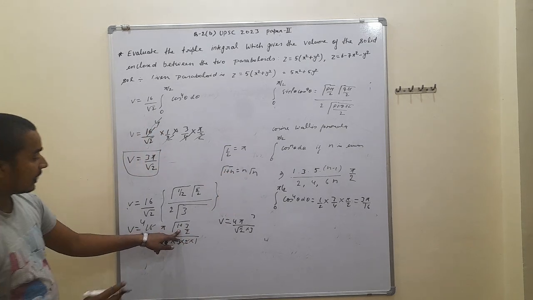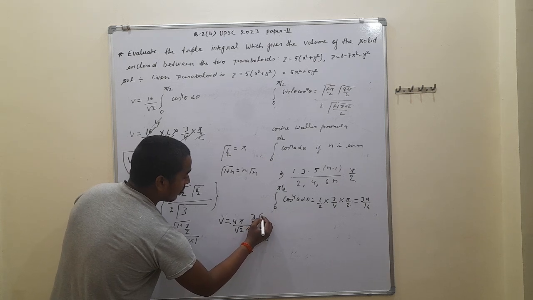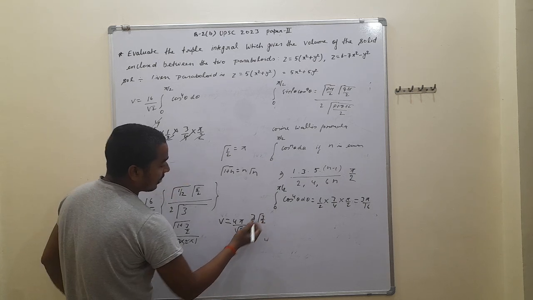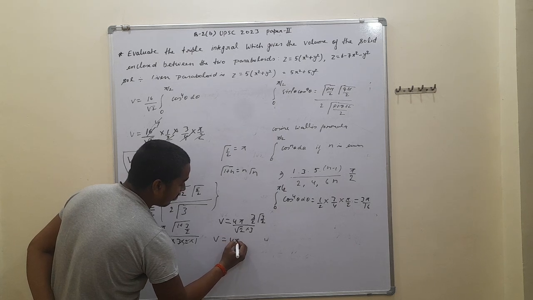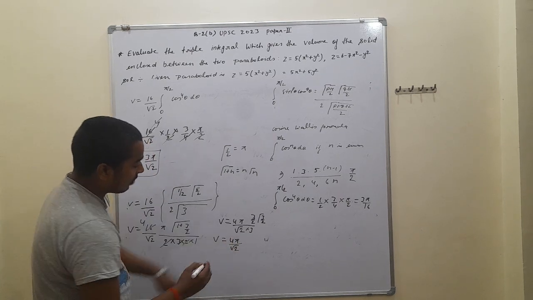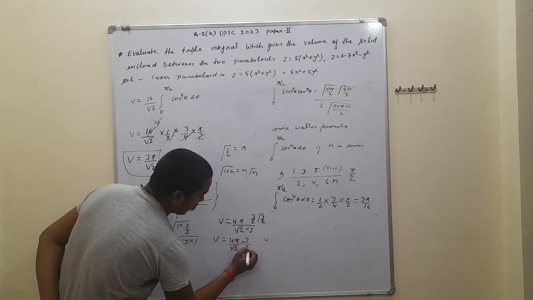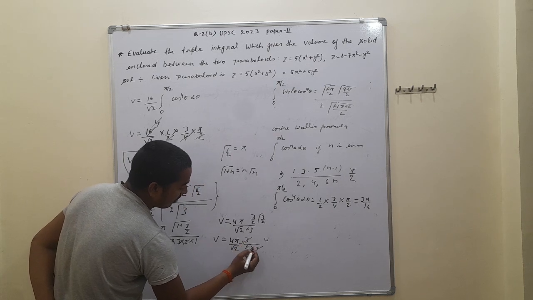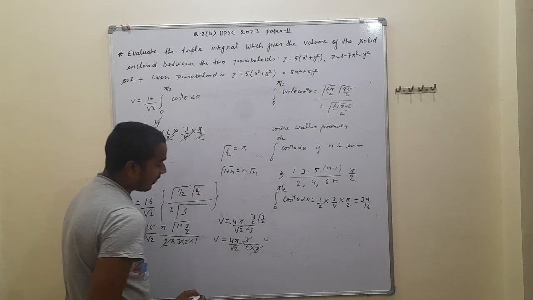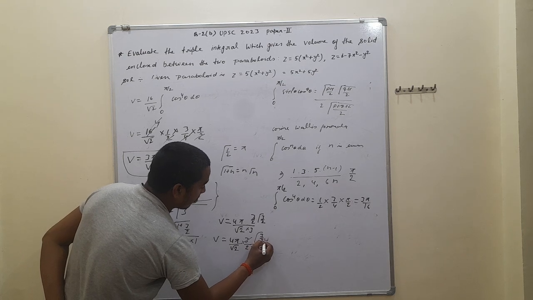Using the formula, it is 3 by 2 gamma 3 by 2. We can further proceed, volume is equal to 4 pi upon root 2, and we can write 3 by 2, and the 3 in the denominator cancels out, and the remaining is gamma of 3 by 2.